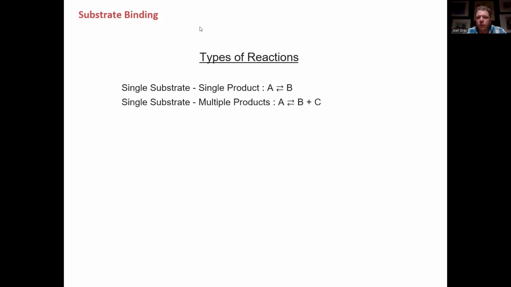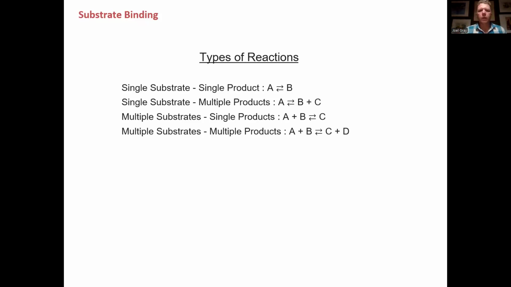A is converted into B and C. There are multiple substrates, single products, so two things come together to make one. Multiple substrates, multiple products, and basically A is converted to C, B is converted to D.